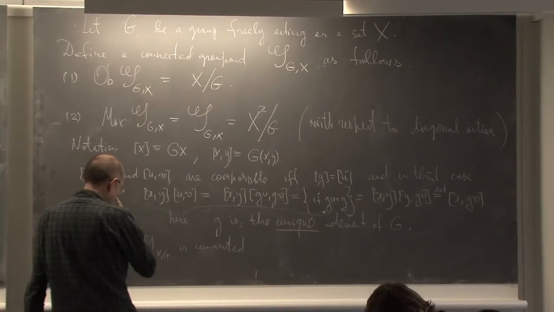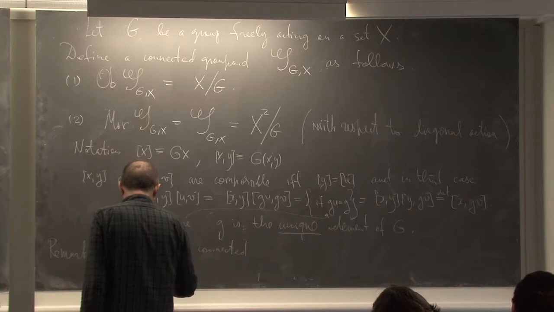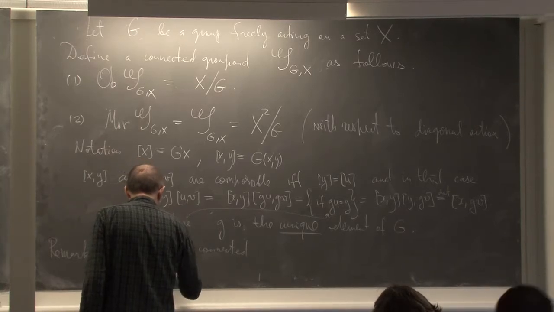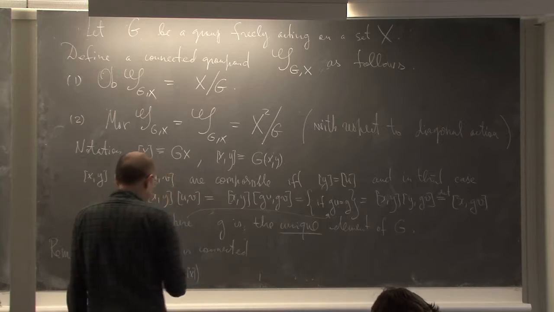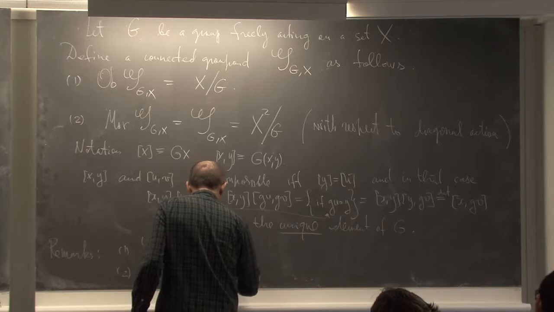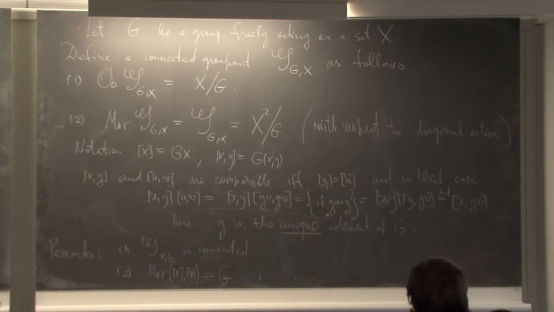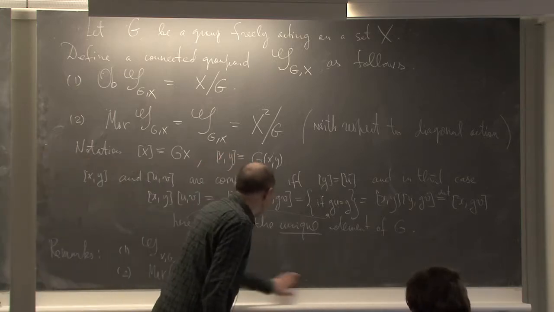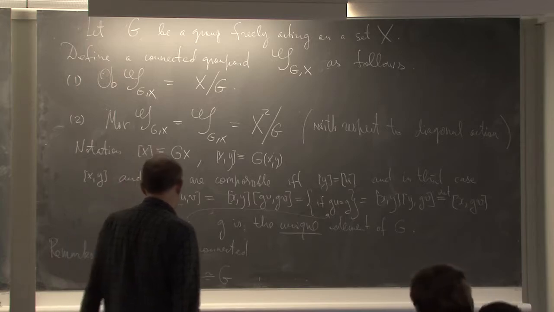And second thing, the set of morphisms between [x] and [x] is isomorphic to our group G. Why do we have this?